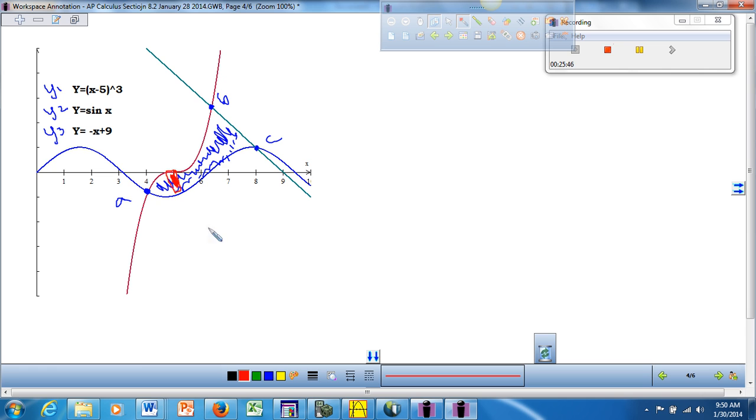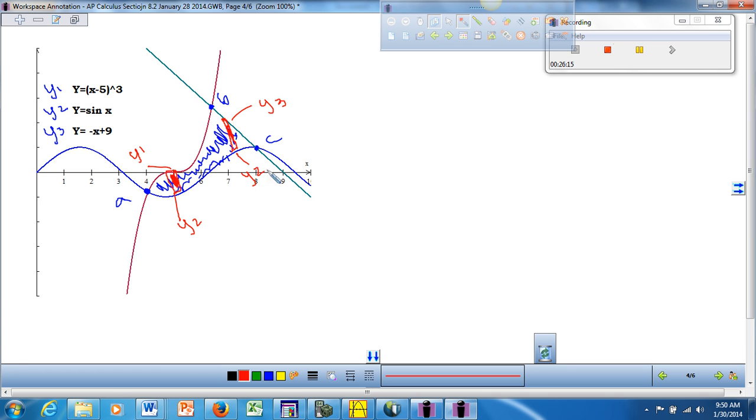If I draw that rectangle, what's the top function? Y1. And what's the bottom function? Y2. But if I draw it over here, it gets a little crazy. What's the top function? Y3. And the bottom function?